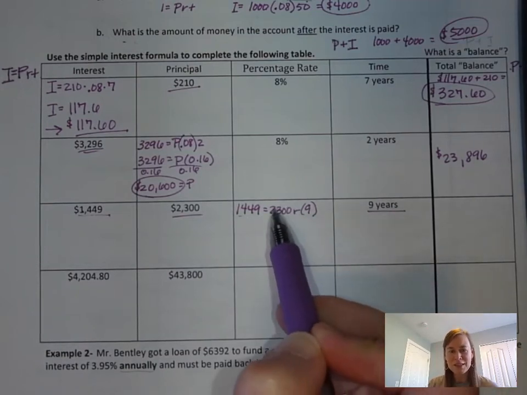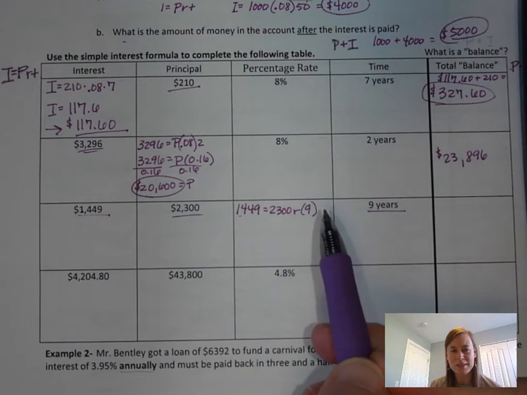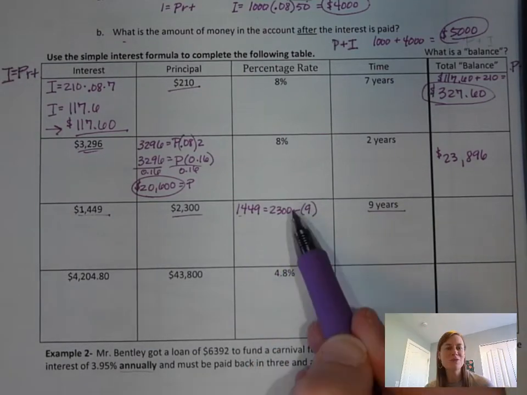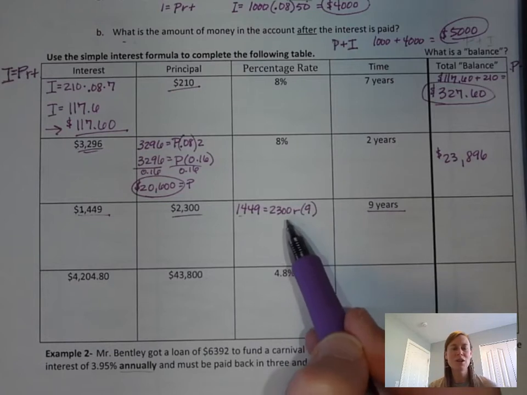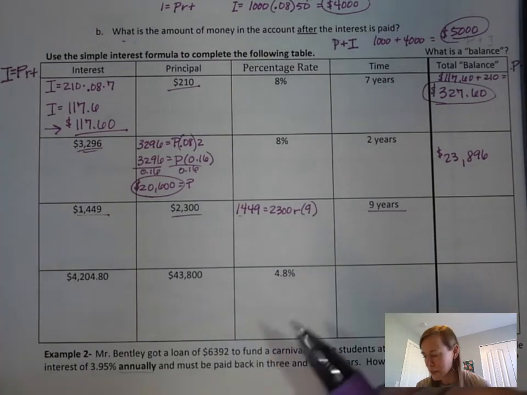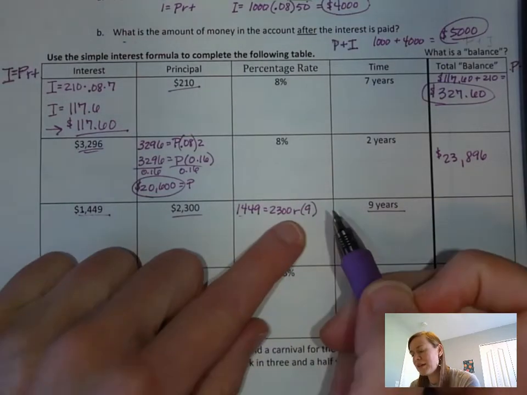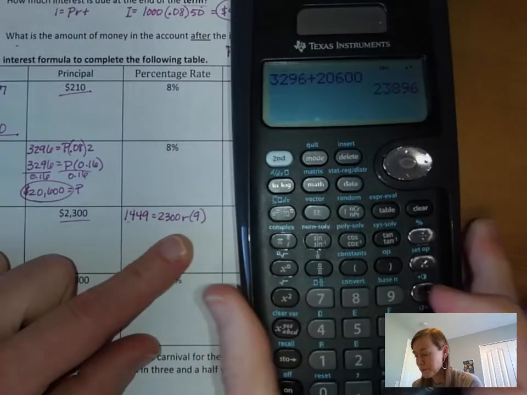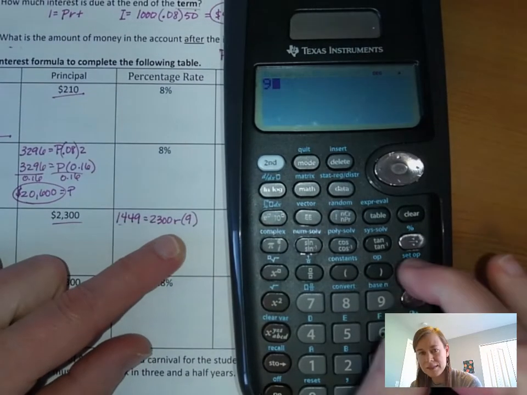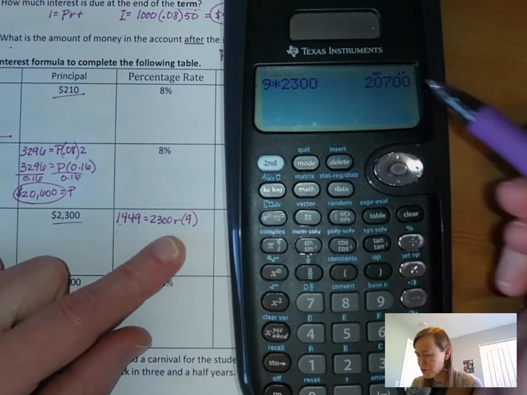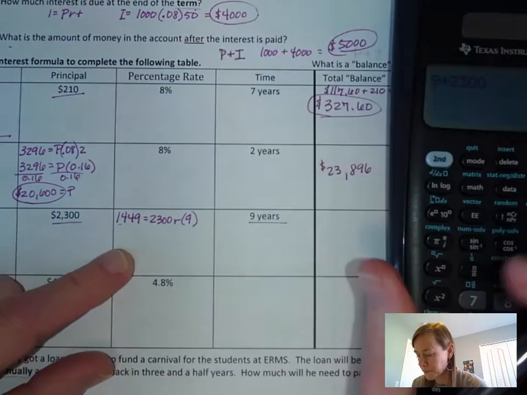Okay, so now you guys know that when you're multiplying, the order doesn't matter. You could do R times 2,300 times 9, or you could do 9 times 2,300 times R. Switch them around any way you want, it doesn't matter. What that means is we can go ahead and combine the 9 and the 2,300. Let's do that. So 9 times 2,300 equals 20,700.